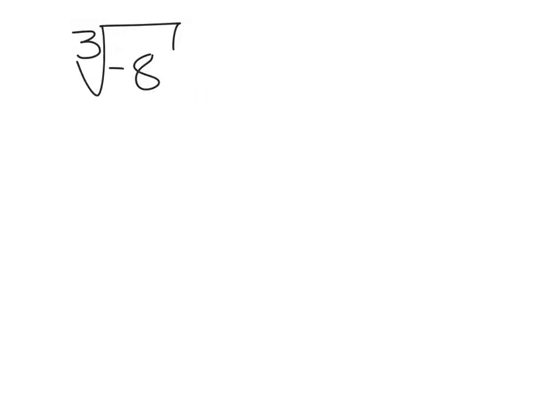So if you typed it in your calculator, it gave you negative 2. If you want to check if it can be evaluated, you can do it that way. Just make sure you use parentheses. So negative 8 to the 1/3 gave you what?